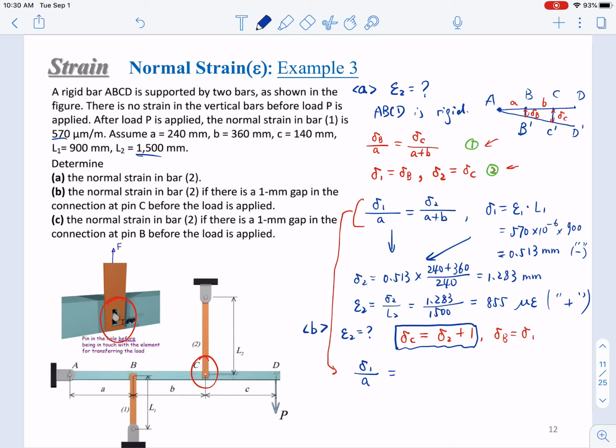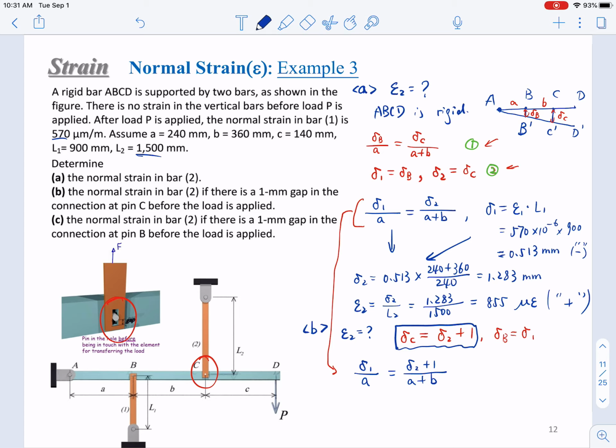The delta 2 will be replaced by delta 2 plus 1, so we get delta 2 plus 1 over A plus B, since delta 1 will still be the same, as we derived in step A.